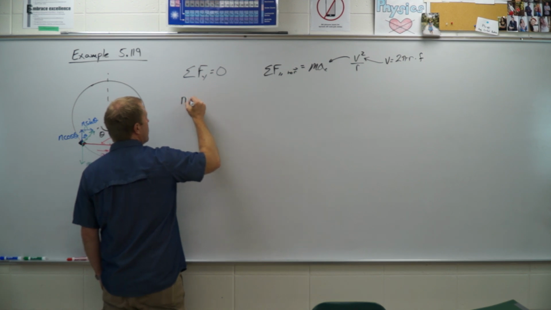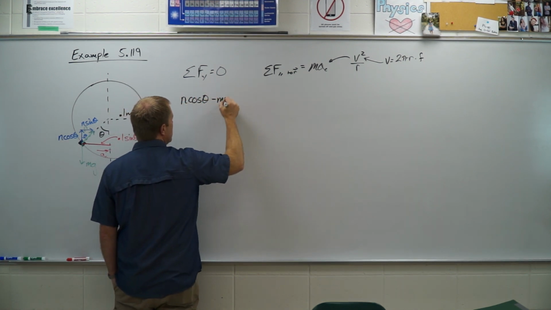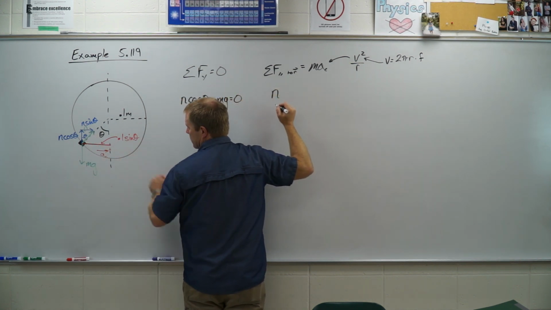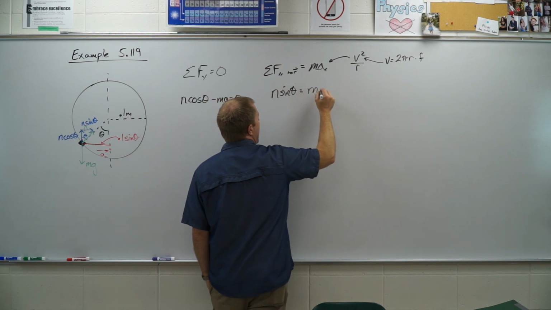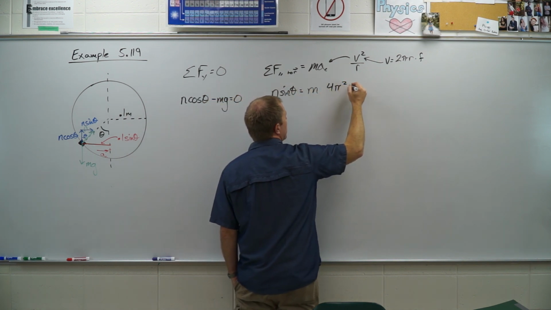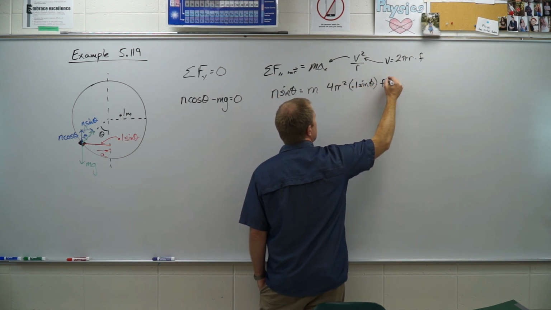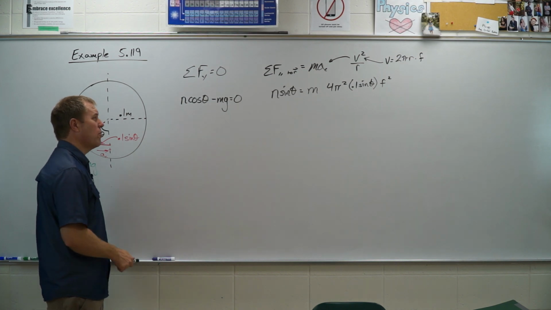So I have N cosine theta minus mg equals 0 here, and then over here, with inward as my positive direction, N sine theta equals m times 4 pi squared r, which is 0.1 sine theta, times frequency squared. We've got a whole bunch of variables we don't know and don't want in here.